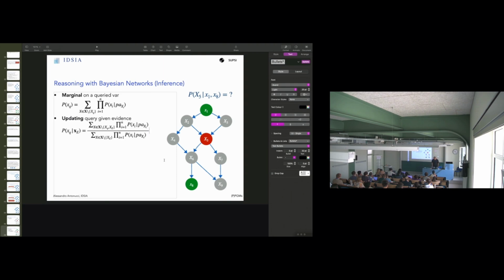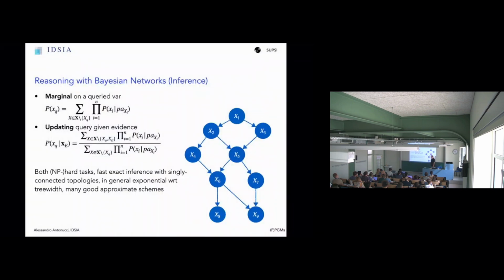But basically, marginalization and updating are the same problem. They are NP-hard. Some of you know this, but you are not all computer scientists. It's just to say that there is not always a fast solution for this model.